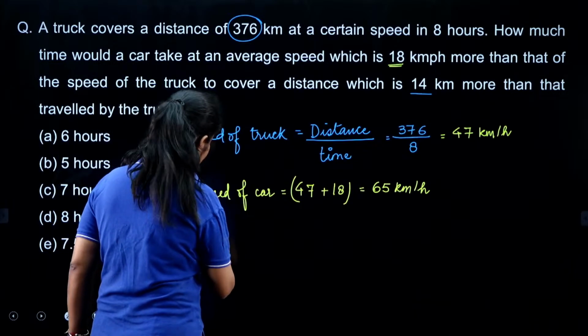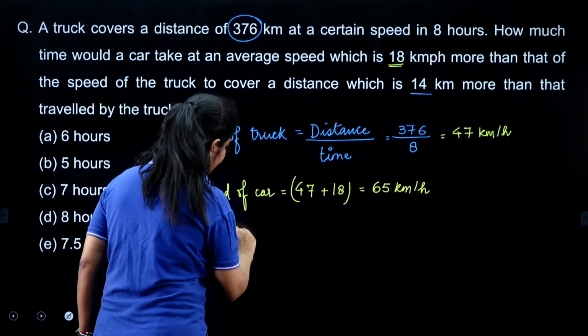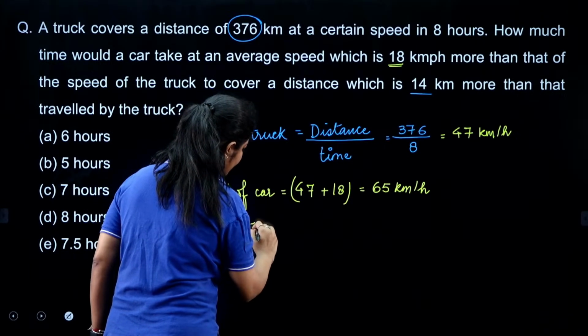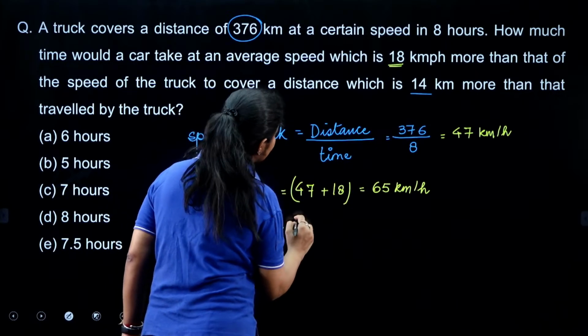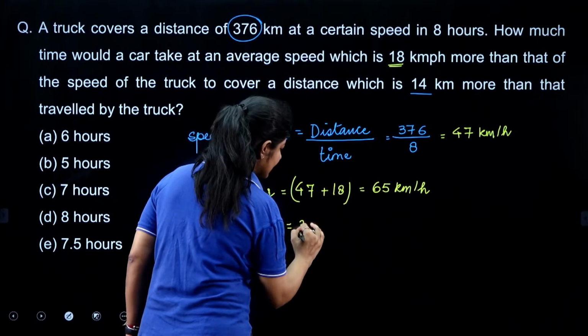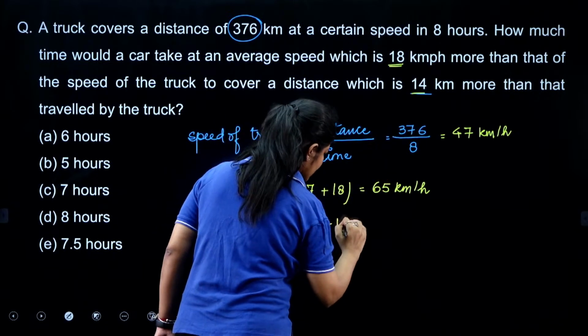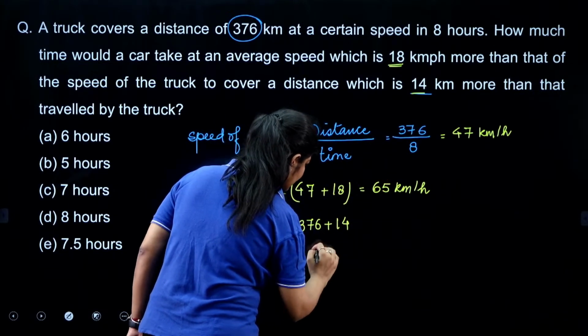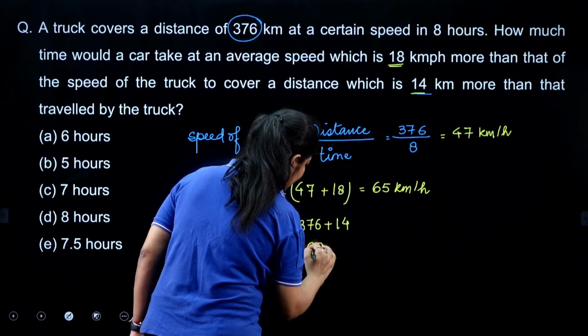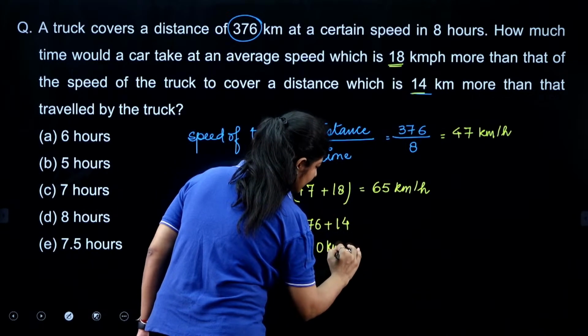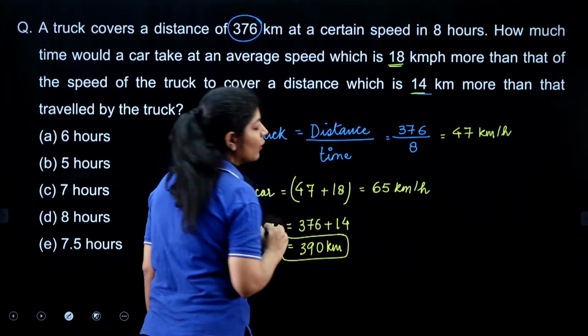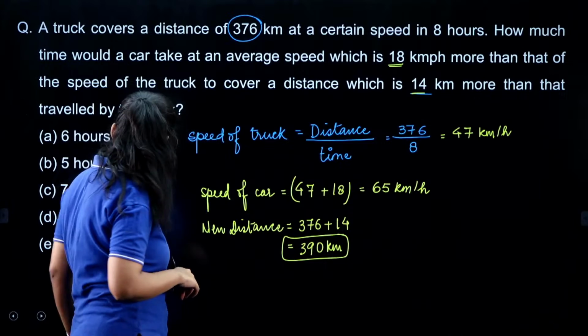Now we need to find out the new distance. The new distance is 376 and 14 kilometers more, that means we get 390 kilometers.